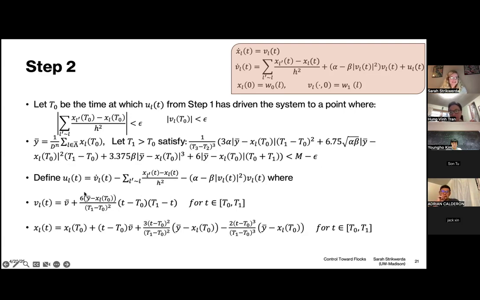And so that is going to tell us that when I differentiate this, this VL is going to be small enough. And so that's where we're going to get this UL to be less than M. And so we have this control that is going to complete step 2 and bring us to a place where all of the XLs are going to be the same thing. And then our VLs are all going to be V bar.